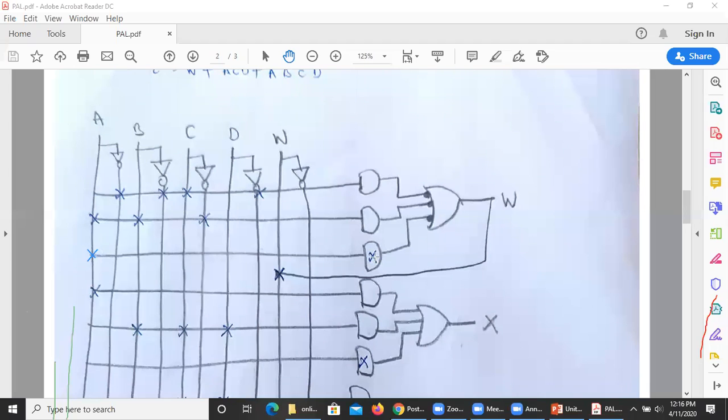Now what happens? Here it produces the value 0. So 0 plus any A in the corresponding OR gate is A only, no? So whatever these two AND gates produce, it may be 1 or 0, we are going to get exactly the same values.